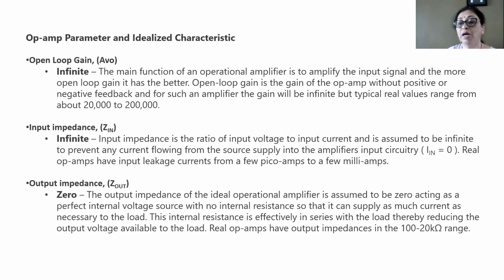So V upon I. When will it become infinity? When I is equal to 0. V upon 0 is equal to infinity. What is the meaning of this? The meaning is that the current entering the terminal of the operational amplifier is always considered to be 0, ideally. In practice it is not, but the ideal model is considered for simplified calculation. Okay, next we are going to see how it simplifies the calculation.